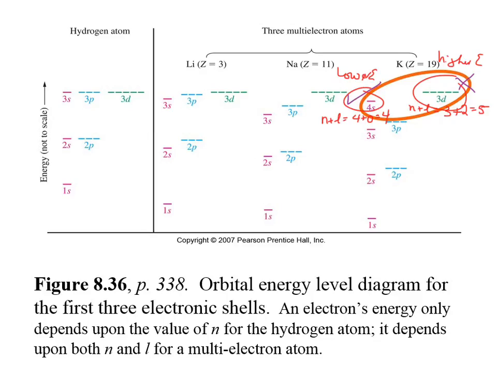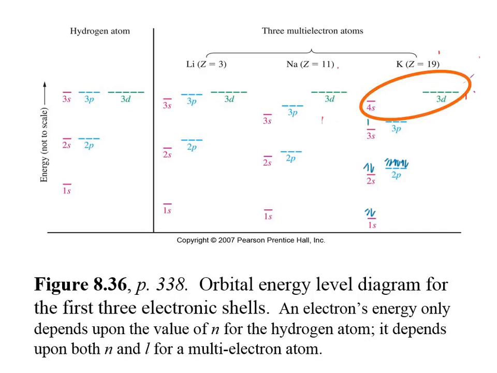Before we go away, let's go ahead and knock out the 19 electrons around potassium. We can do it. The first 2 go here. The next 2 go here. The next 6 go here. I'm up to 10.